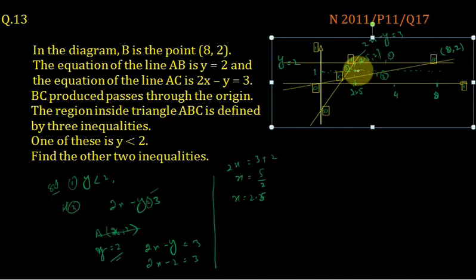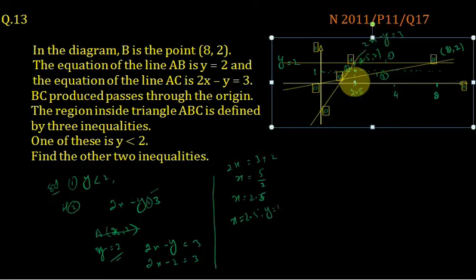So, we put x as 2.5 and y is equal to 1. We found the value of 2.5 from this equation when we put y is equal to 2.